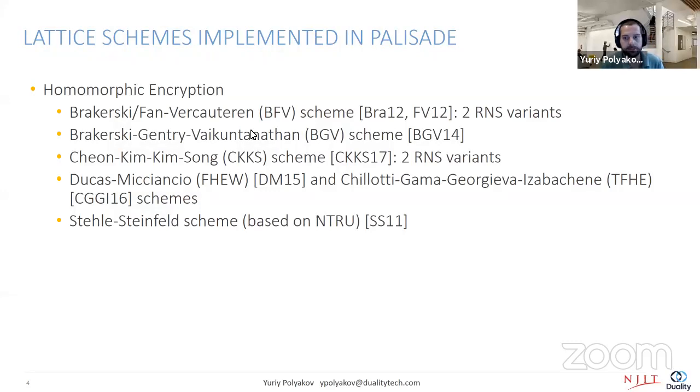I see that as a major advancement for the lattice field, that these 3 schemes are already used basically in commercial applications. I'm extremely interested in the FHEW and TFHE schemes. They provide certain capabilities, related to comparison, for instance, that we do not have with the 3 other schemes.